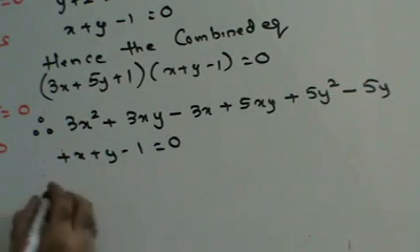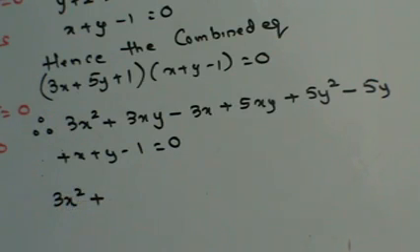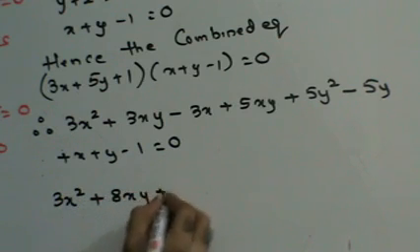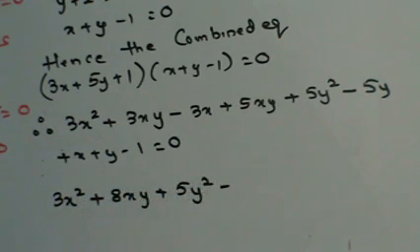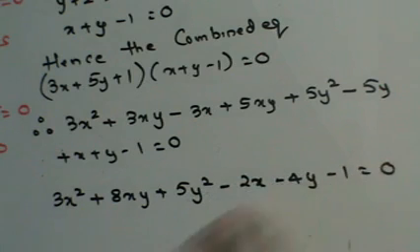Hence, 3x square plus 3xy plus 5xy is 8xy plus 5y square, minus 3x plus x is going to give you minus 2x, minus 5y plus y will give you minus 4y, minus 1 is 0.